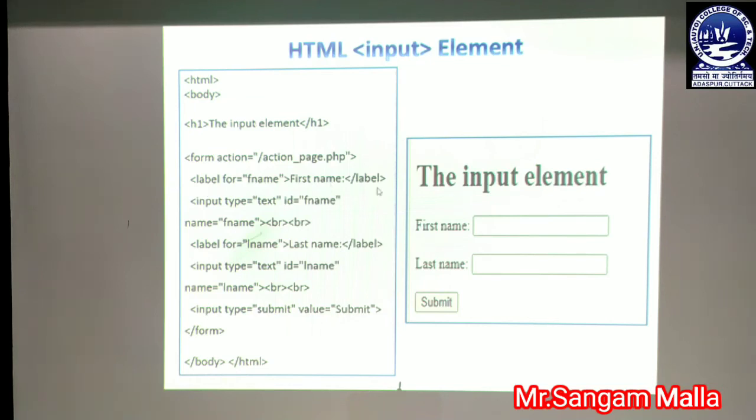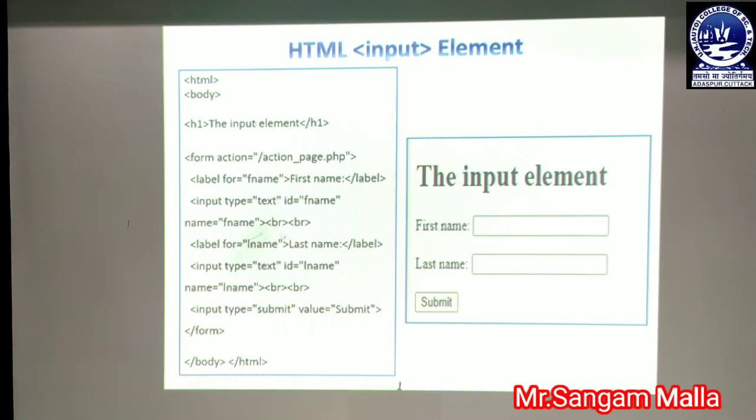We have already discussed that the label tag is used to give the label in the form, so first name is printed directly over here. Similarly, input type equal to text means that after the first name comes our text field in the input element. You can see that there is a text field over here.